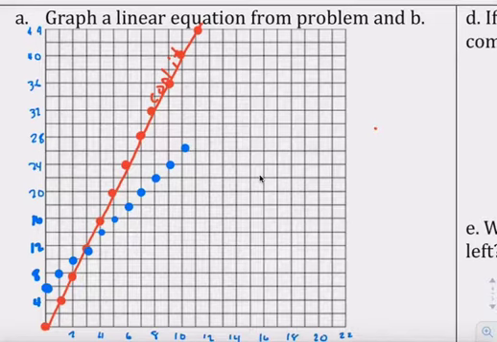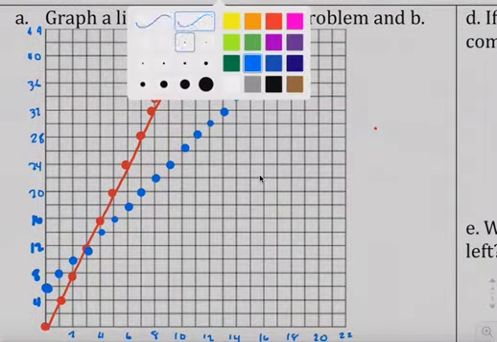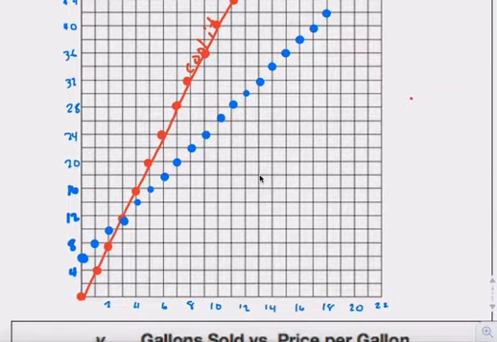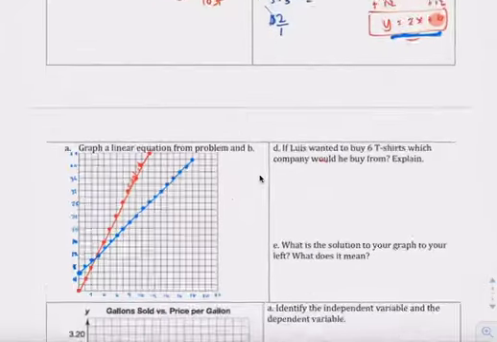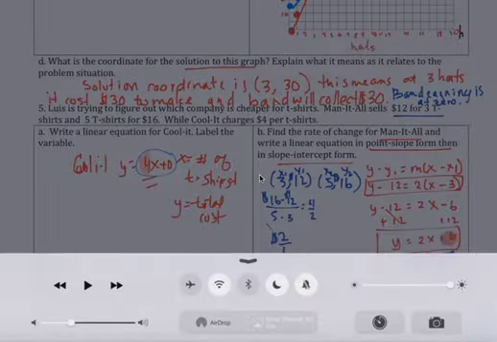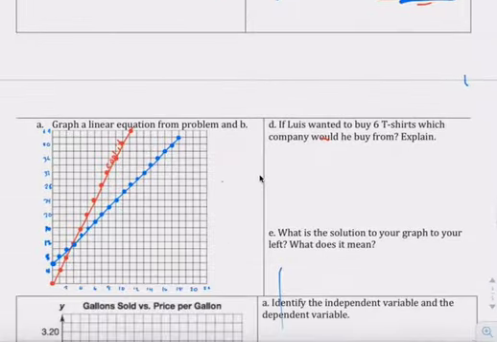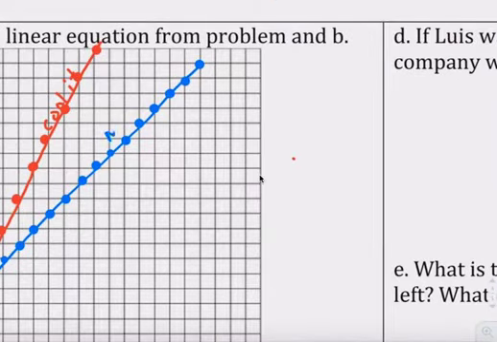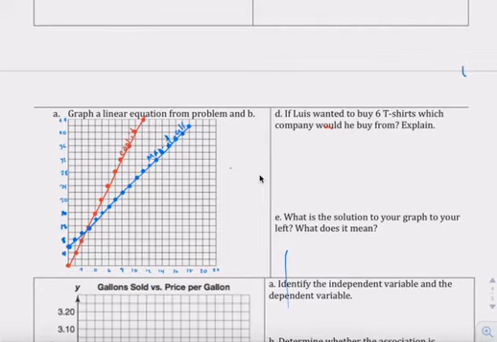Okay, and there is a solution. And Manit, right?